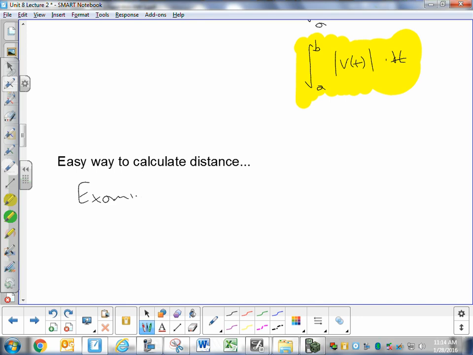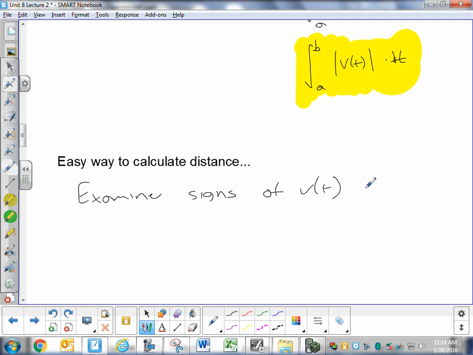Examine the signs of velocity. When I want to figure out when velocity is positive and negative for a given velocity function, what's the first thing I should do? I want to figure out the signs of something. What's the first thing I should do? Find when it's 0.